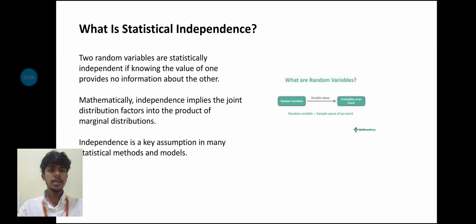What is statistical independence? Two random variables are statistically independent if knowing the value of one provides no information about the other.